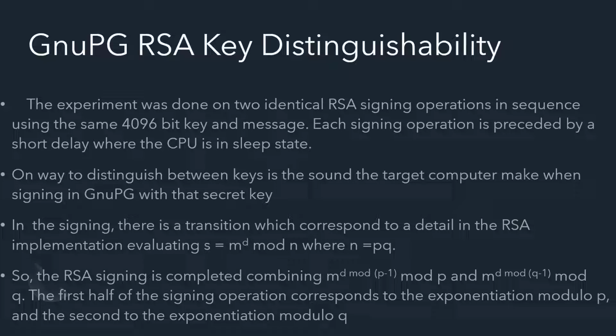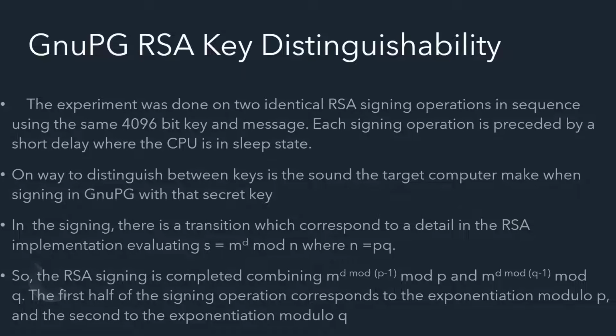It means that to encrypt, they are using the signing operations, with a 4096-bit key and a message. The CPU sleep state is where you are not doing anything on the CPU. The CPU is sleeping for an amount of time.